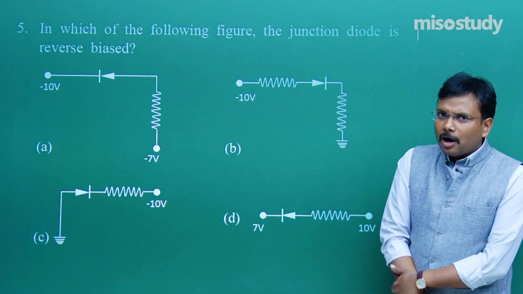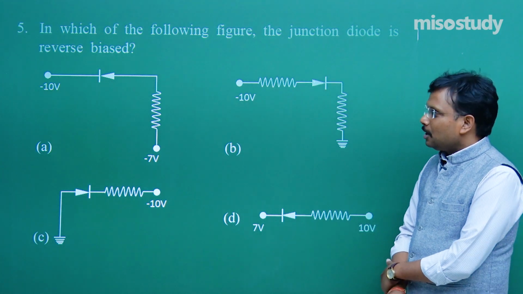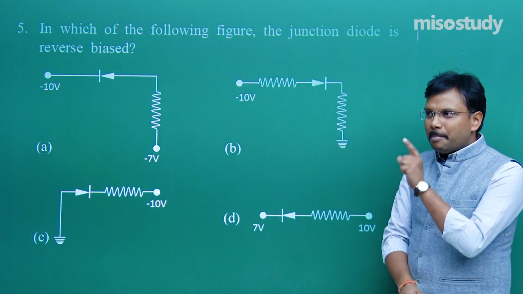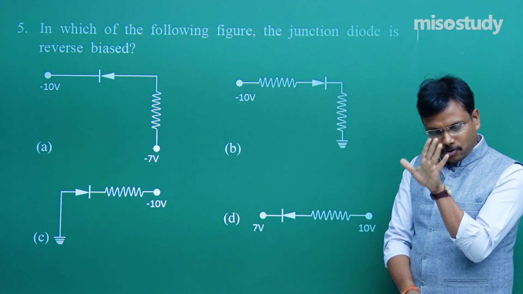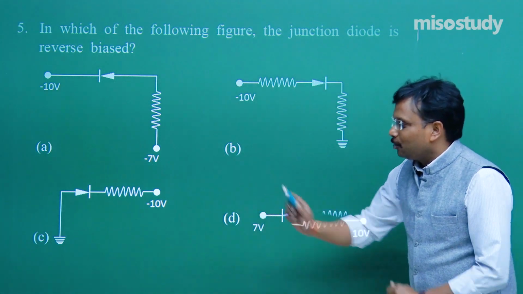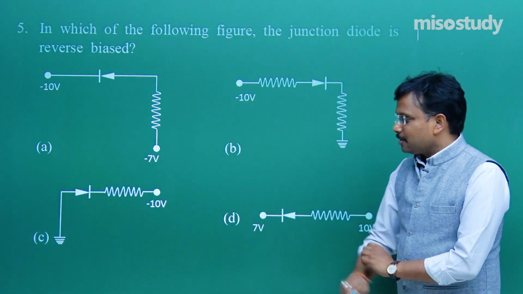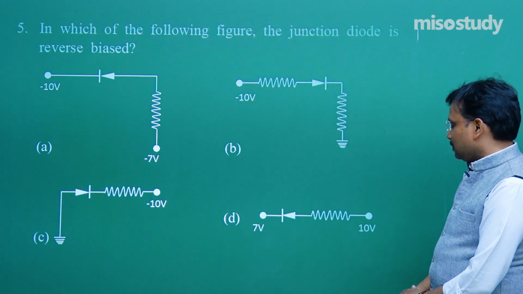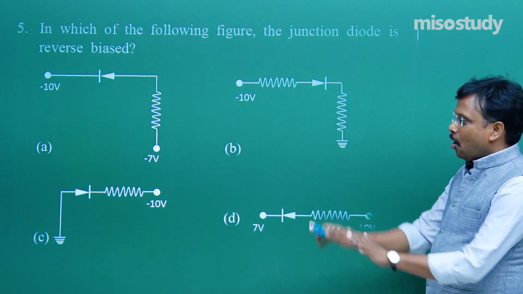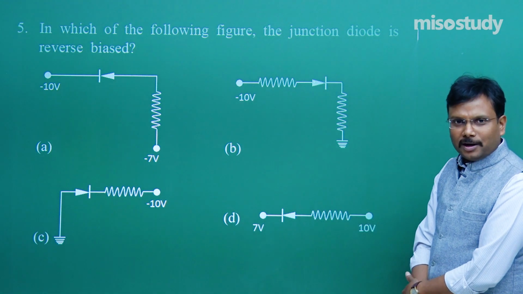What is the meaning of ground? Ground means 0. Confusion in the mind: is -10 lower or 0 lower? Come on to this: 0 and -10 volt. Of all four options, which one is the correct one?